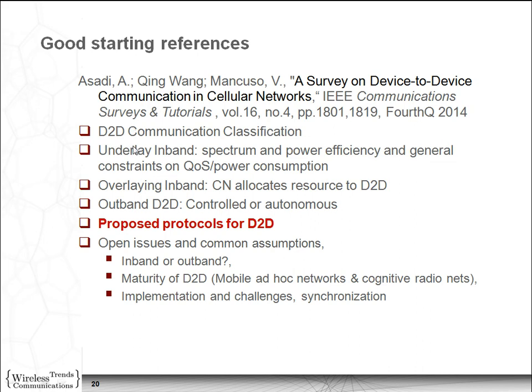You have this classification, underlay in-band, overlay in-band, and so on. And for me, the most important thing is that here they have this overview of the proposed protocols for device-to-device. So that means you can see how research has been applying the specific scenarios for D2D, and how the protocols should be adapted at the MAC layer and physical layer.